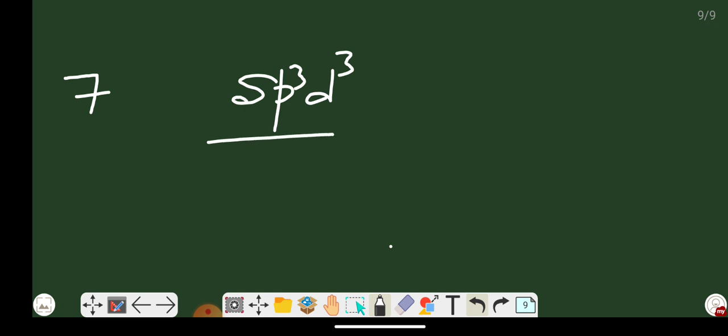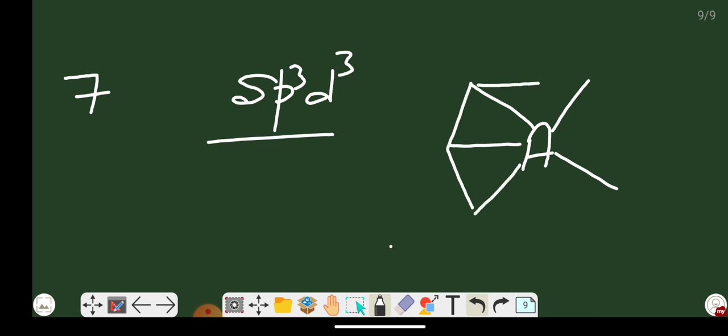Now, if the molecule has 7 bond pairs, then the hybridization is sp3d3, and the shape of the molecule is pentagonal bipyramidal. So, pentagonal bipyramidal: if A is the central atom, then the pentagonal bipyramidal shape is drawn as here.